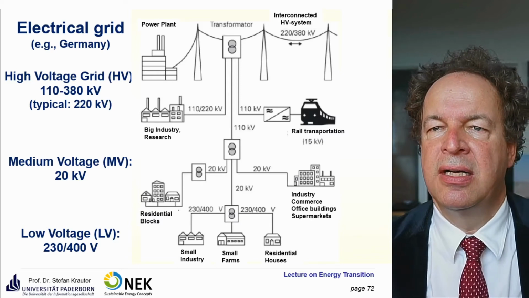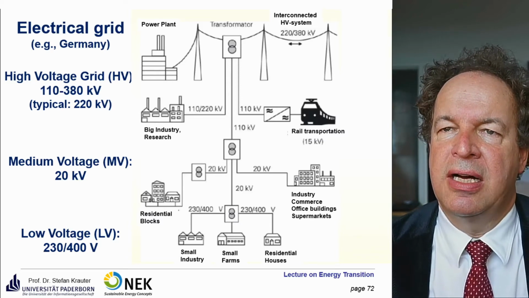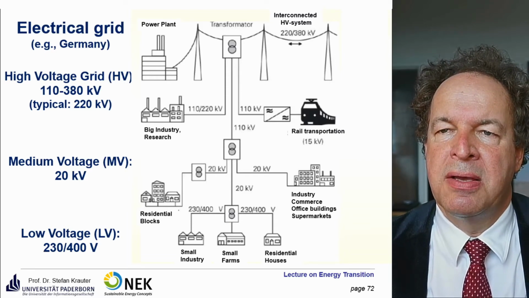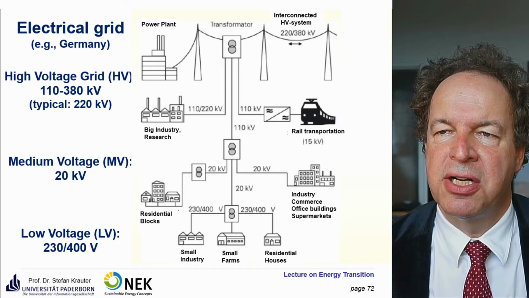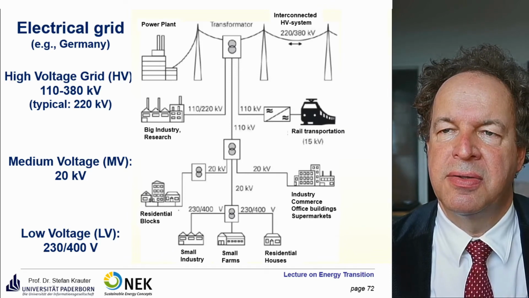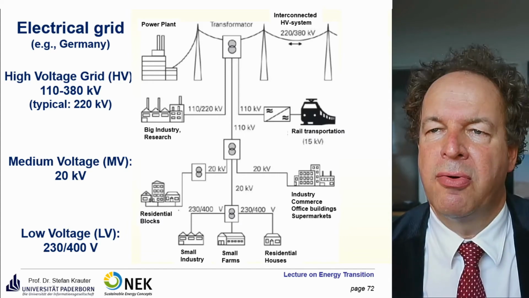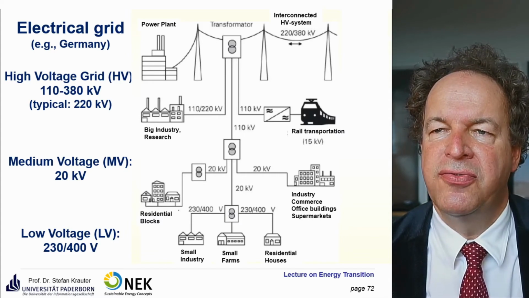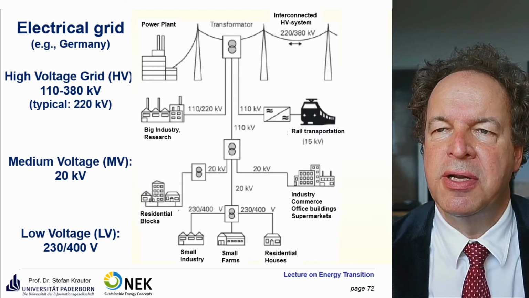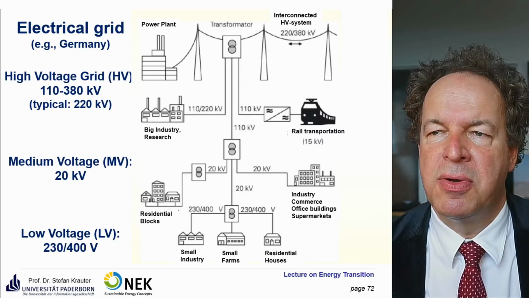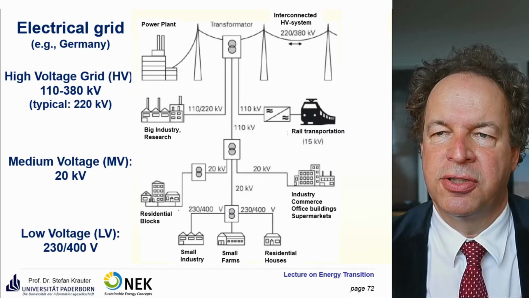Then we have a medium high voltage level, which is about 110 kilovolts. This is for big industry and research centers and so on, and it's not directly used for rail transportation, which only works with 15 kilovolts and a different frequency, but transformers are fed with that voltage.